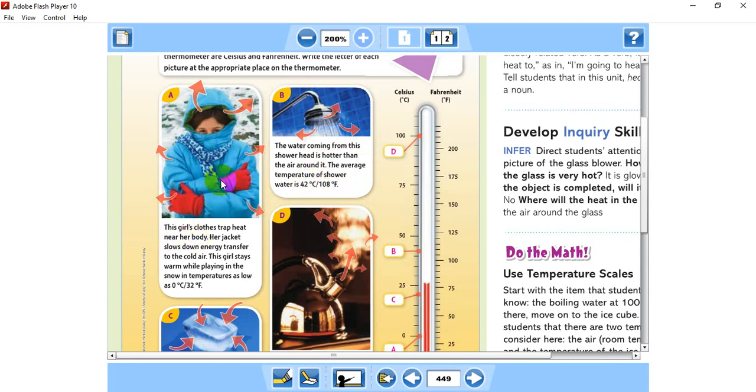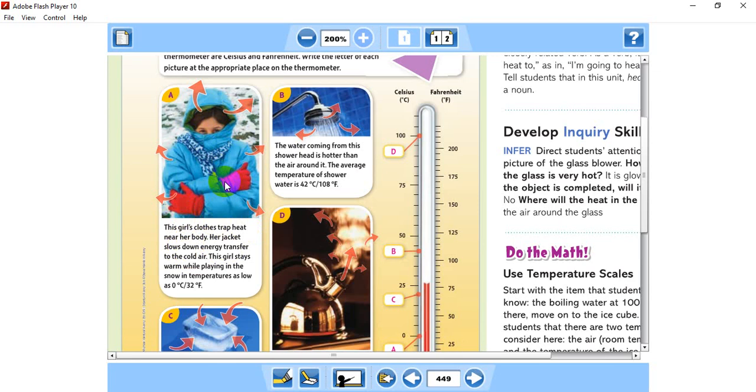The girl here is wearing a jacket, so she doesn't feel cold. I don't know how we can explain it, but it's so easy. This girl's clothes trap heat near her body. So her jacket slows down energy transfer. Your body has, by the way, energy. This energy will transfer where exactly?